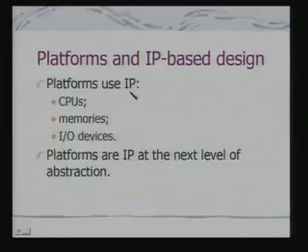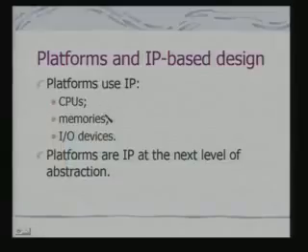In fact, platforms use various kinds of intellectual property and soft cores like CPUs, memories, IO devices. And in a sense, platforms are IP at the next level of abstraction. So if you are designing a chip using say pure soft core, we are using IP at a lower level, okay, to which I can add my own memory.